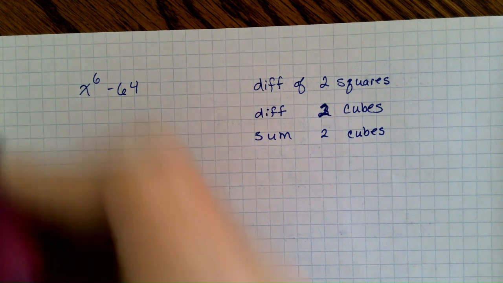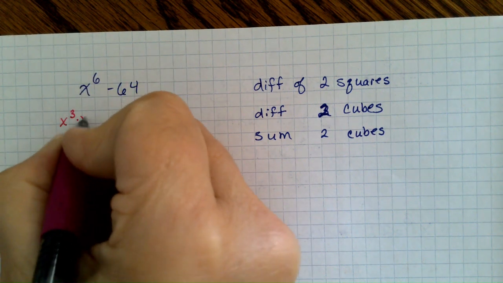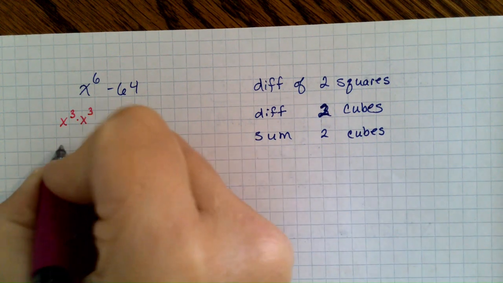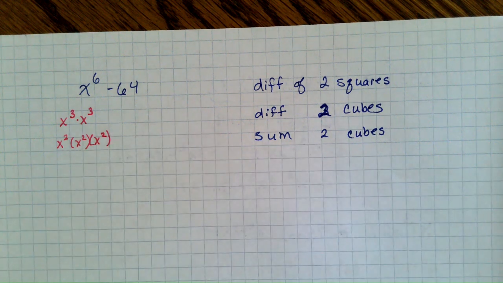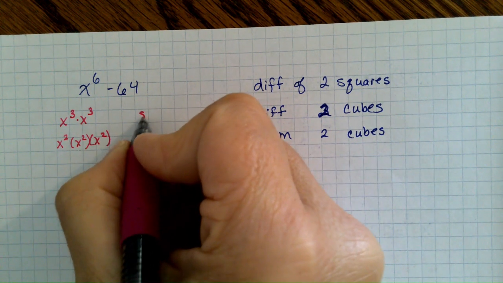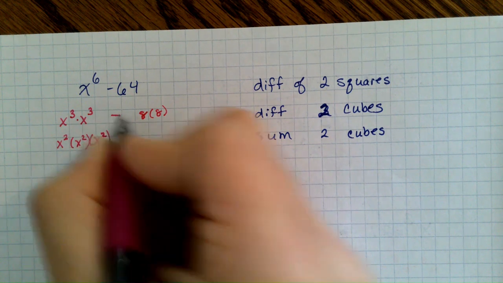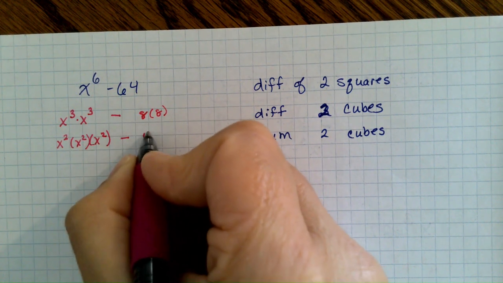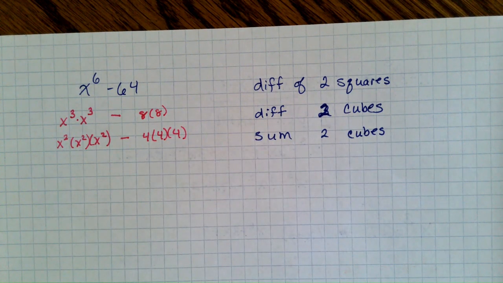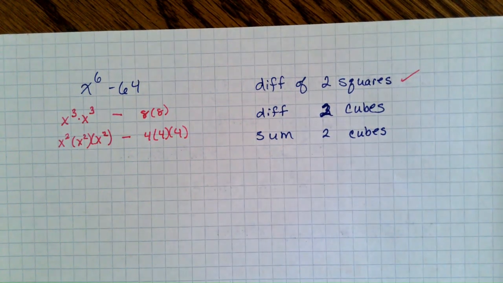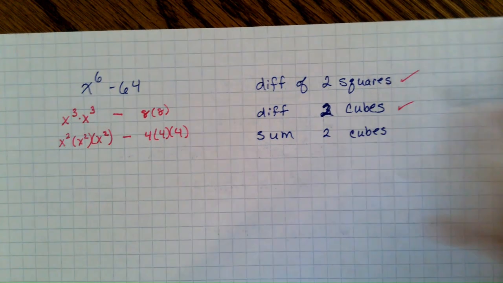Now, x to the 6th can be written x cubed times x cubed, or it can be written x squared times x squared times x squared. 64 can be written 8 times 8, or 4 times 4 times 4. So which is it, the difference of two squares or the difference of two cubes? And the answer is it's both. Anytime they're both, though, I would do the difference of two squares first and the difference of two cubes second.